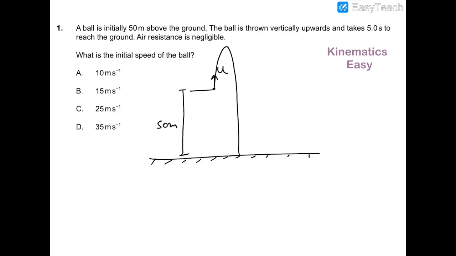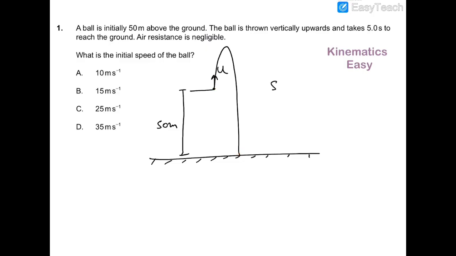It is a simple scenario. If this is the ground, the ball is thrown from this point, which is already 50 meter above the ground level. This ball is thrown with the velocity of u. Now it goes like this. You can see that the initial point is this and the final point is this.